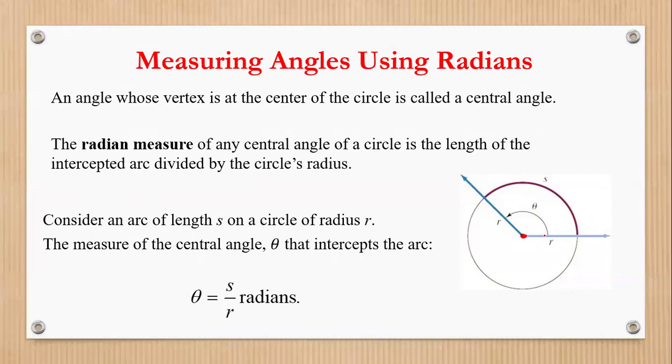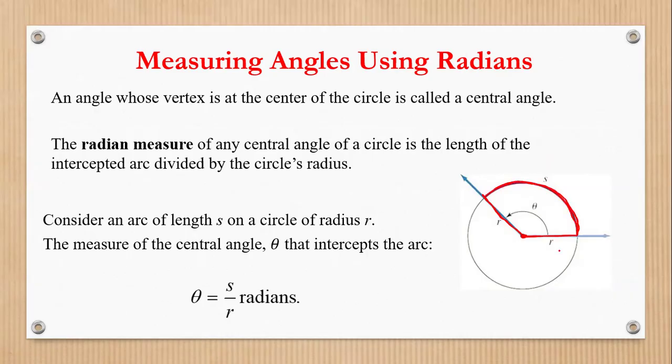and the initial side and the terminal side are radii of the circle, we can say that this angle is a central angle. And this central angle theta, as you see in the picture, intercepted an arc, and the length of this arc, which is S, is measured.